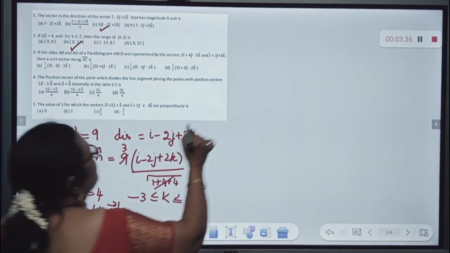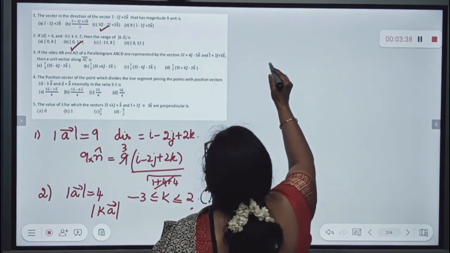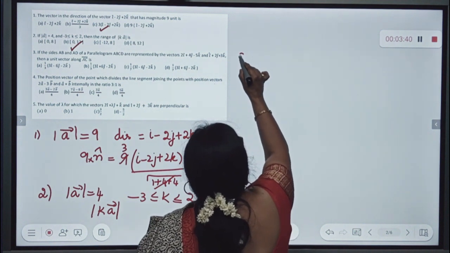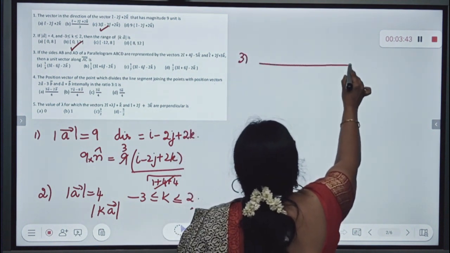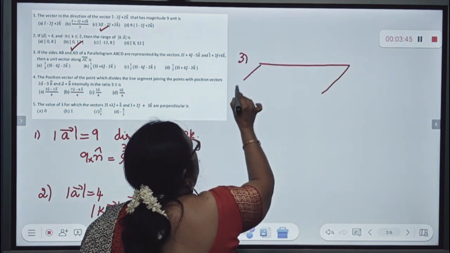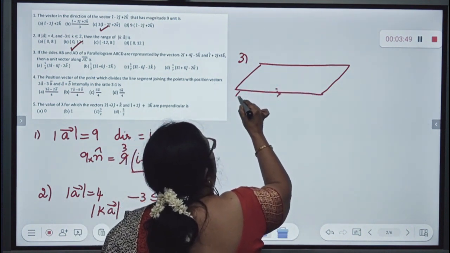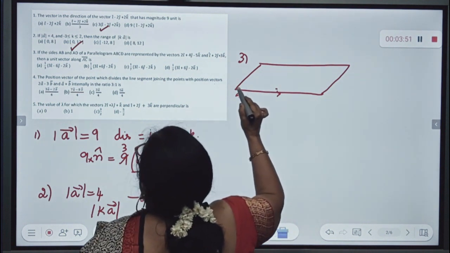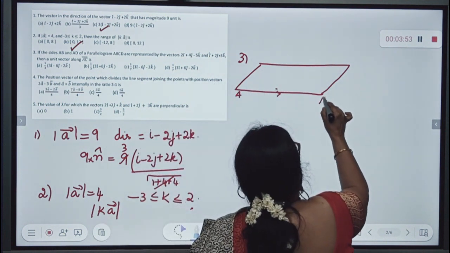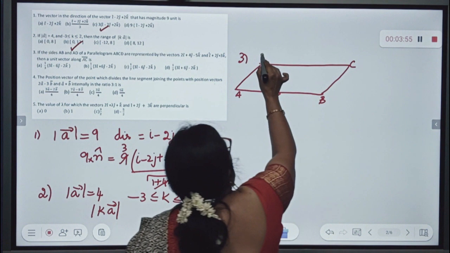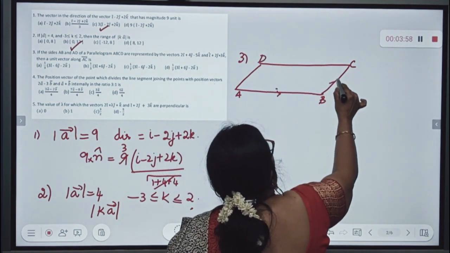Third question. You are given two sides of a parallelogram ABCD.